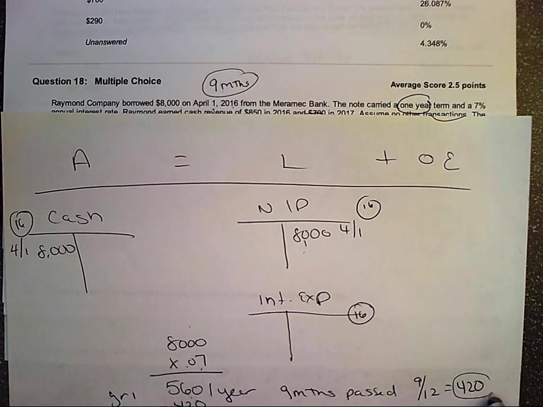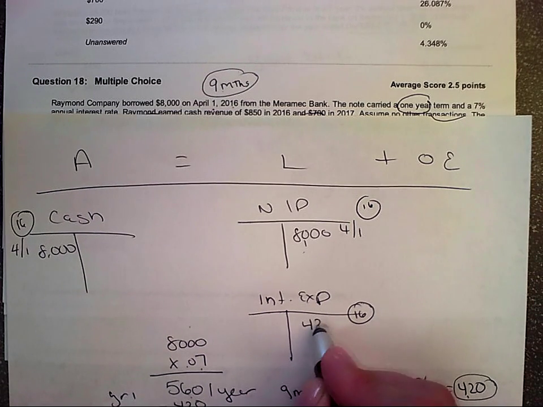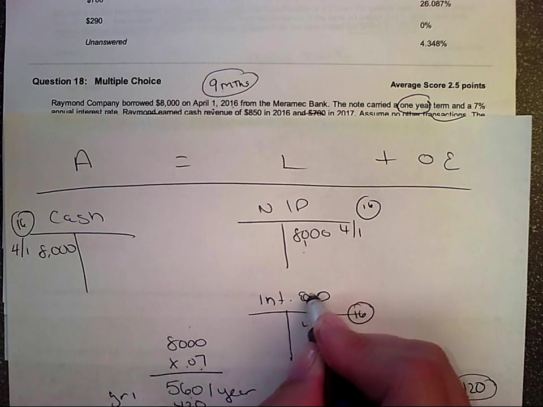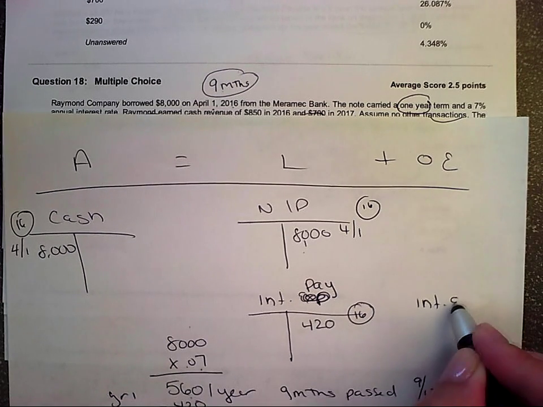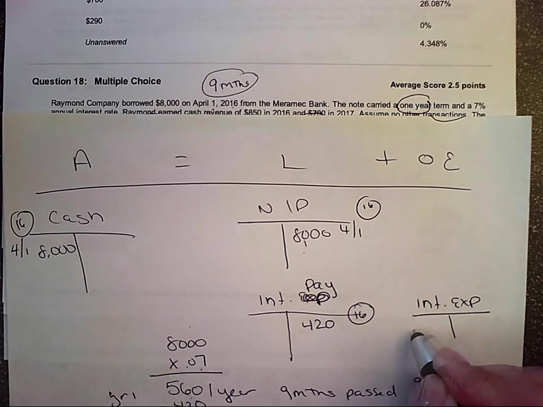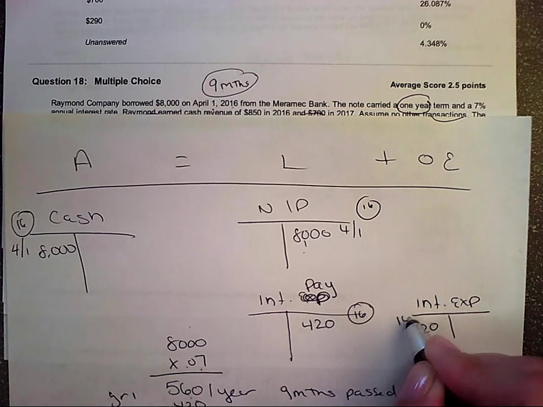How much interest did we actually incur in the first year? 420. So, interest payable, and then we'd have interest expense underneath owner's equity for the 420 for 16.